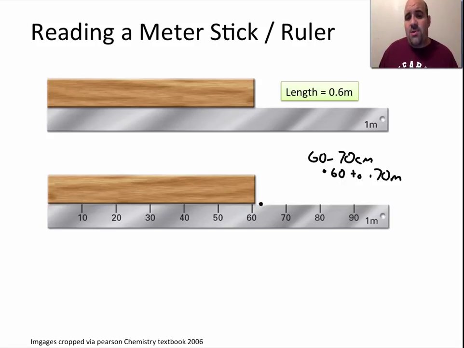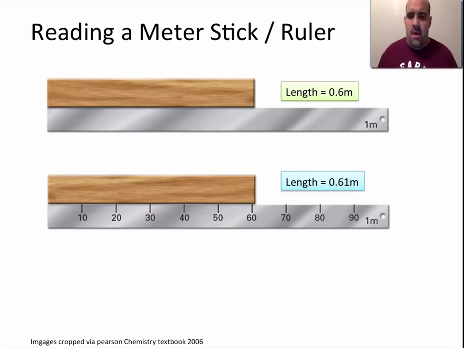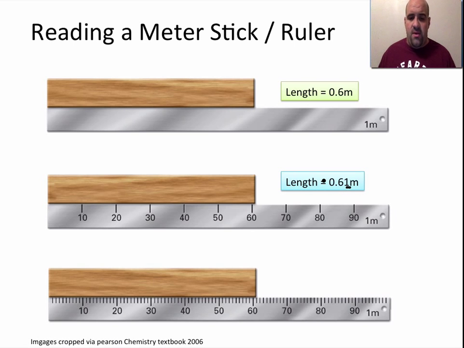Well, we are allowed to estimate one uncertain digit, and I would call that 0.61. Again, this 1 is my uncertain digit. It's my estimated number. I know it's between 0.6 and 0.7. It's very close to 0.6.